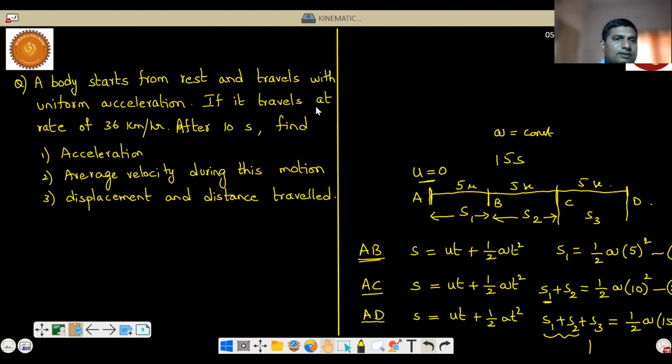If it travels at a rate of 36 kilometers per hour after 10 seconds, that means for 10 seconds, find the acceleration, average velocity during this motion, displacement, and distance traveled. Please do it. Simple problem.